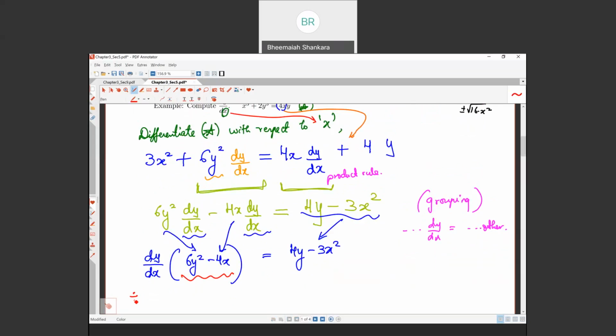So you want to divide both sides by the same term, 6y squared minus 4x. So when you divide this, you have dy over dx on the left equals 4y minus 3x squared on the right, divided by 6y squared minus 4x. And this is our final answer.